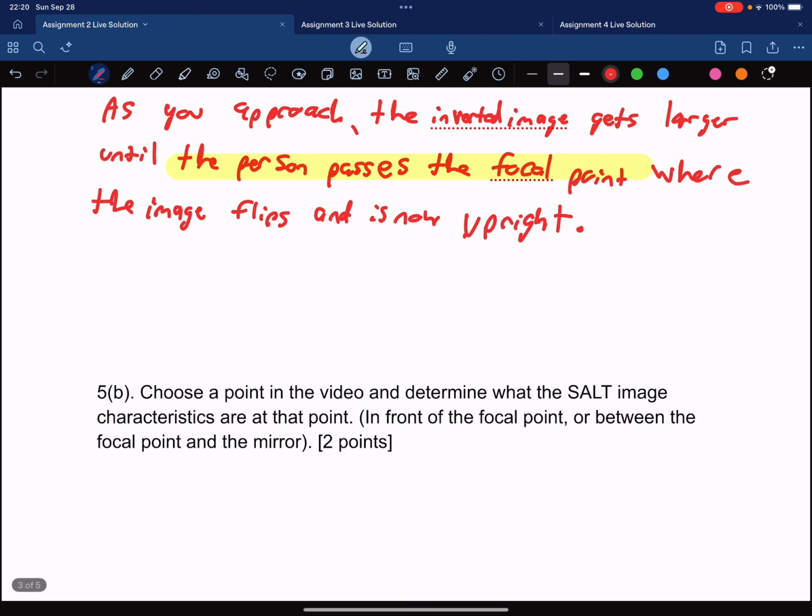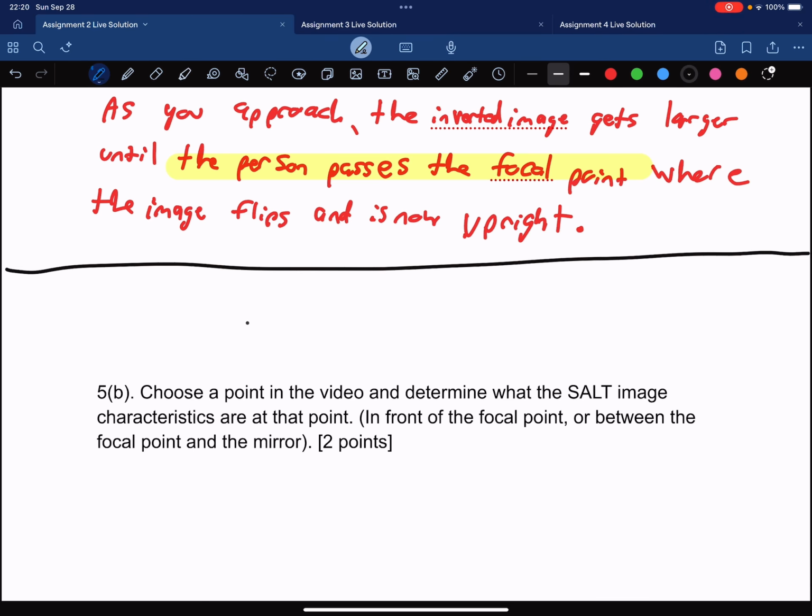B, choose a point in the video and determine what the image characteristics are at that point. In front of the focal point or between the focal point and the mirror. Just two examples there of what you could have chosen. I'm going to do a little diagram showing what I'm doing. This is C, this is F, this is the mirror.